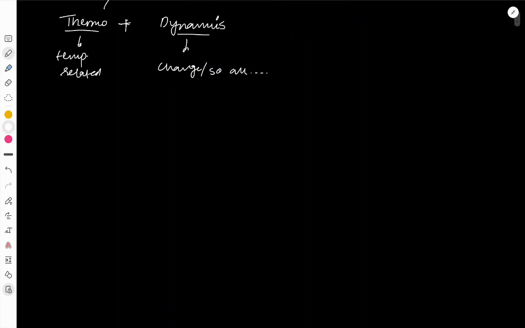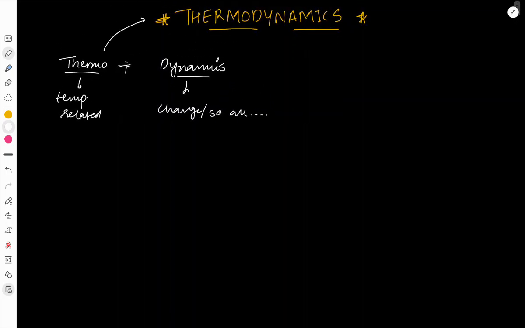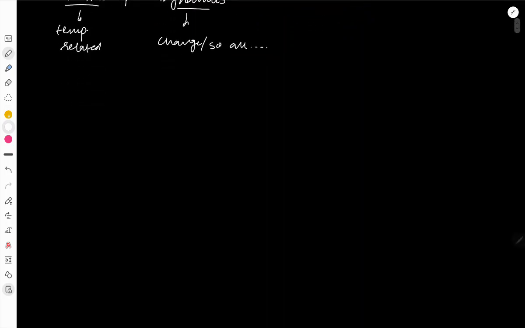Now, let us first understand some of the basic thermodynamical terms that we are going to use in this chapter. So, I'll write thermodynamic terms.